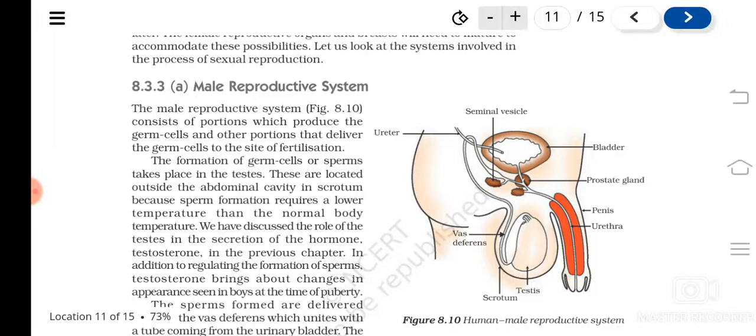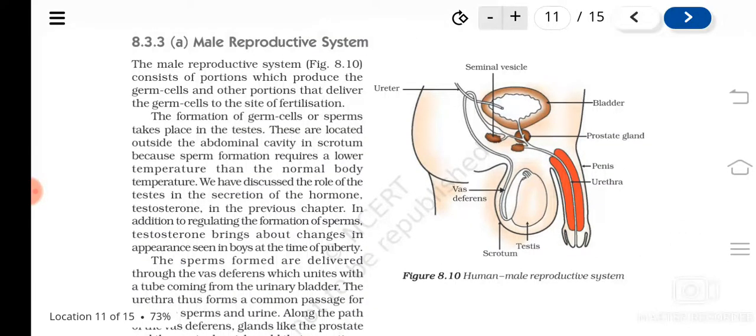The major function of the male reproductive system is to produce the male gametes called sperms, and also to produce hormones. The major parts are a pair of testes, which are placed outside the abdominal cavity.